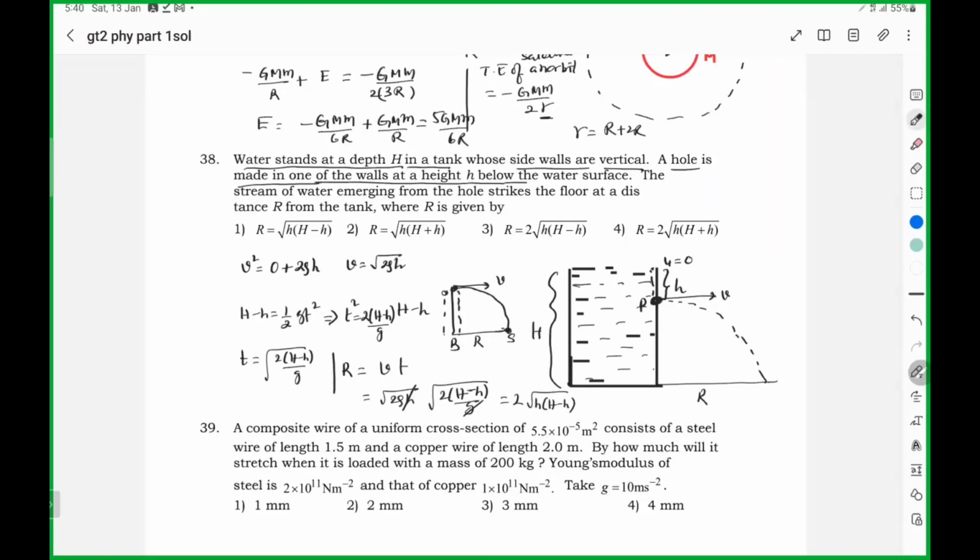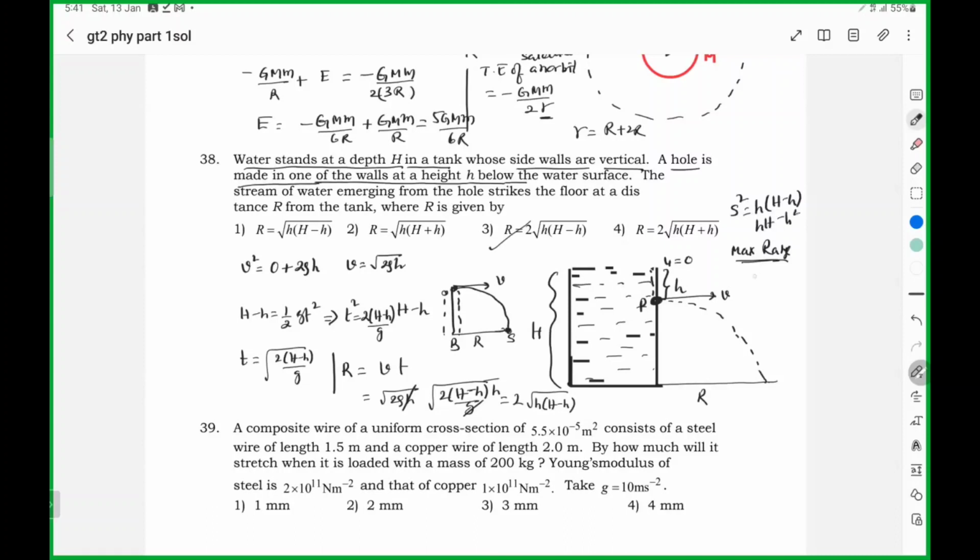So the answer is that. But in this particular question, they may ask for the maximum range, but it is not given here. So the maximum range: you just have to differentiate, that is range square is proportional to h times (H minus h).